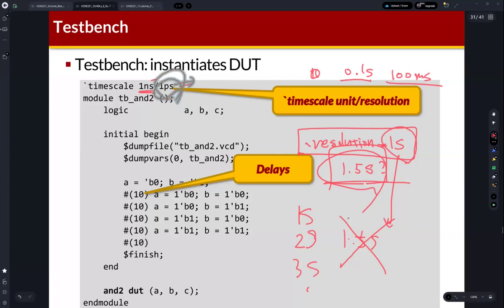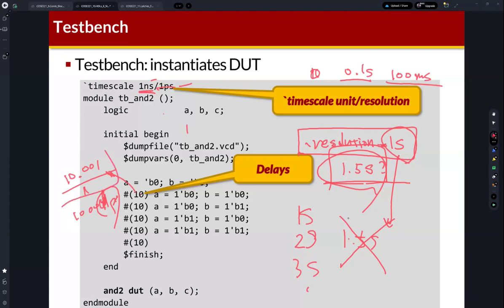So in this example, the time resolution is 1 picosecond, right? Which means that it is possible. We can use a number like 10.001. 10.001 nanoseconds is 10,001 picoseconds, so it is possible, because we set the resolution of this time scale as 1 picosecond.